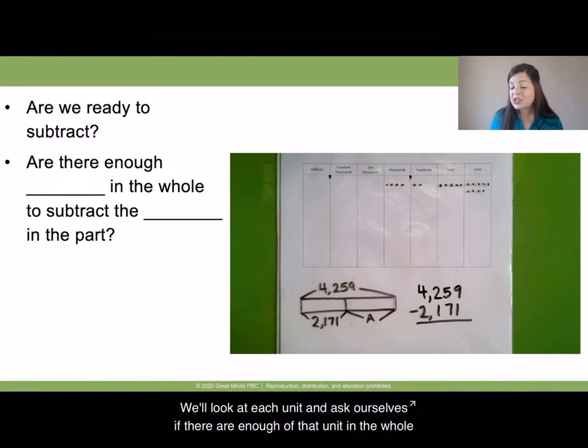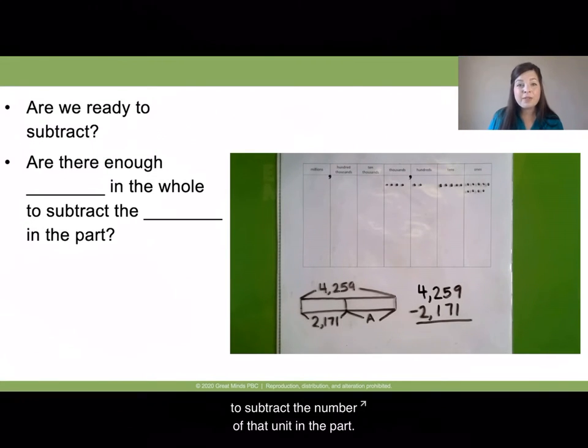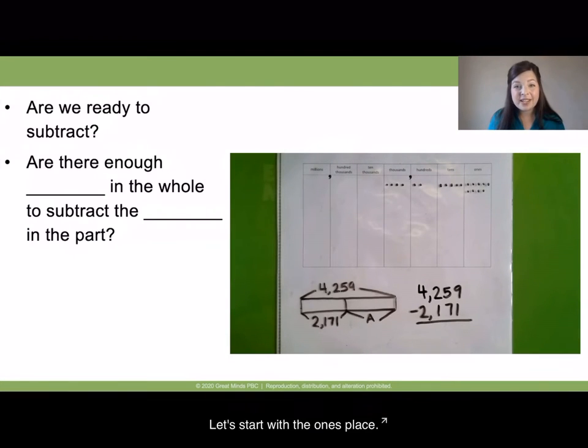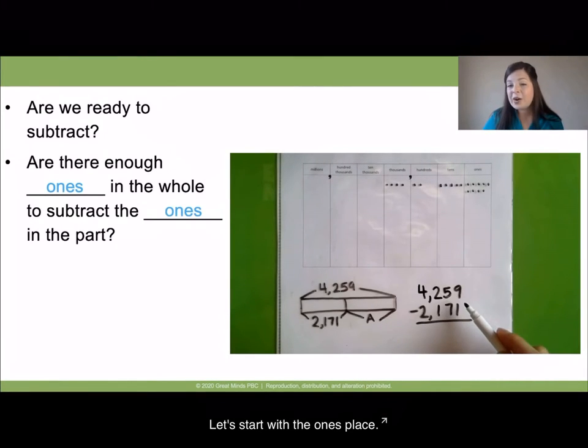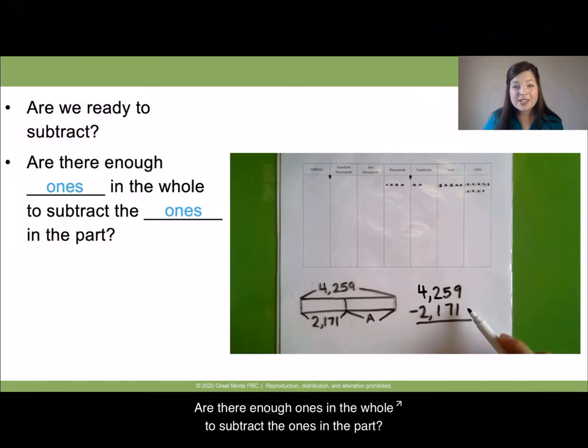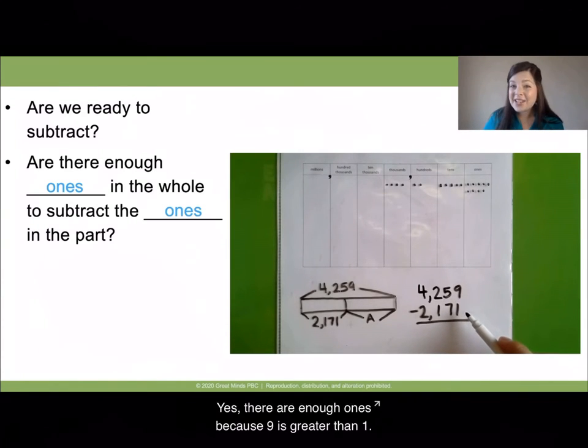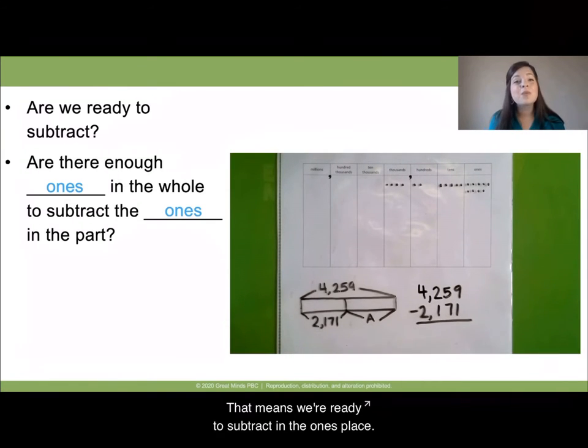We'll look at each unit and ask ourselves if there are enough of that unit in the whole to subtract the number of that unit in the part. Let's start with the ones place. Are there enough ones in the whole to subtract the ones in the part? Yes, there are enough ones because 9 is greater than 1. That means we're ready to subtract in the ones place.